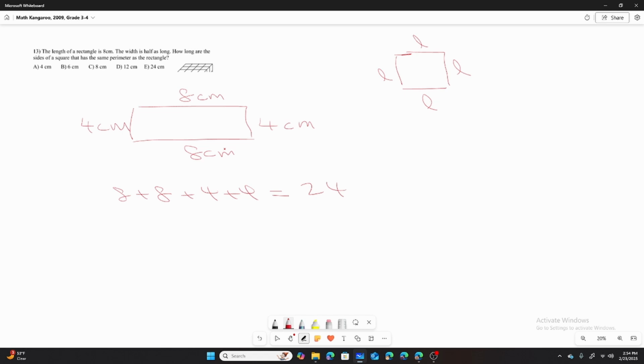Since each side is L, the total perimeter has to be 4L. The square has to have the same perimeter as the rectangle, which means they are identical. So 24 equals 4L. This implies L equals 6.